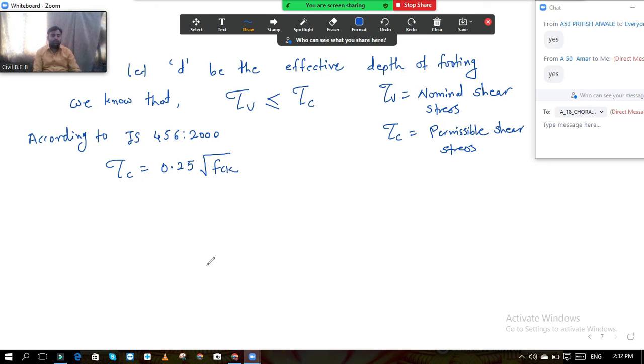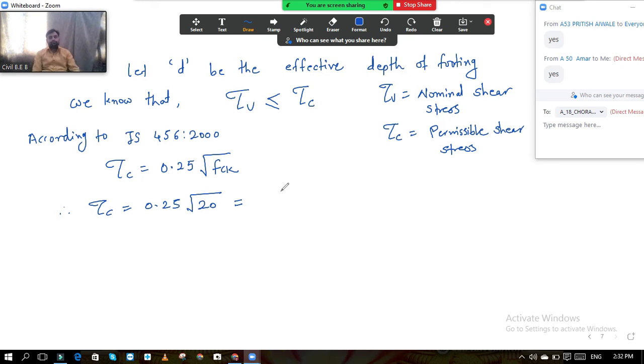0.25 under root fck. So now in our case, what is our fck value? They told us to use M20 and Fe415. So M20 means fck value is 20. Therefore tau c is equal to 0.25 under root 20. So what is the value of tau c now? Calculate it.